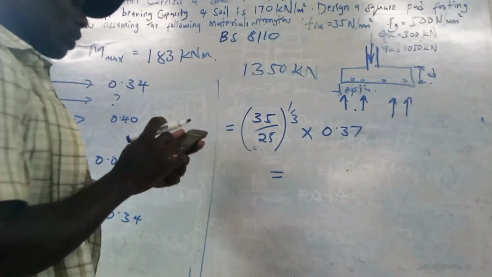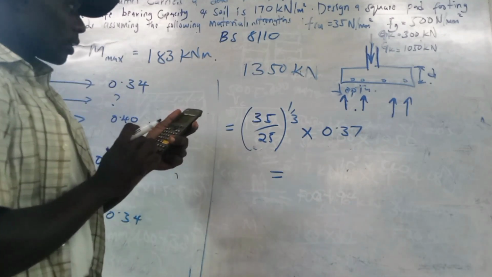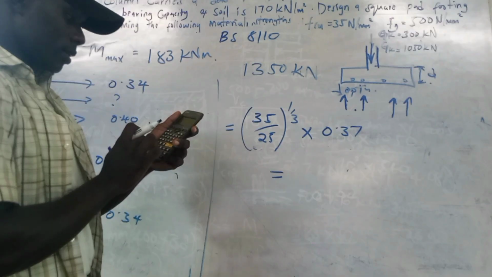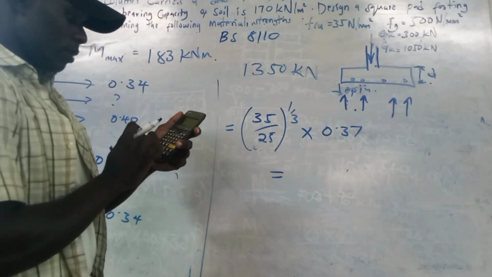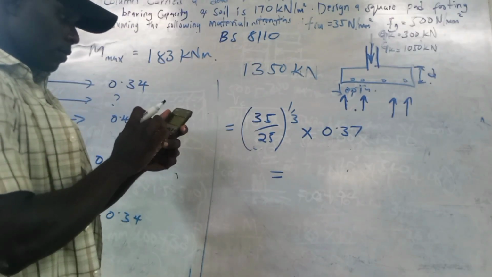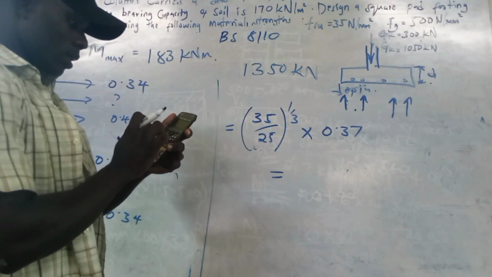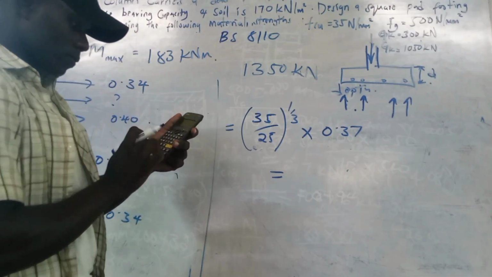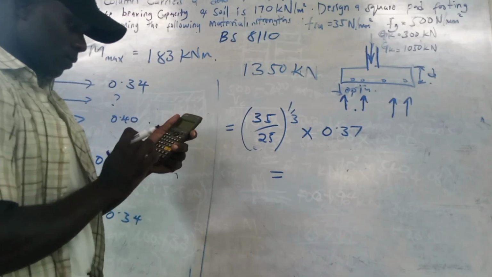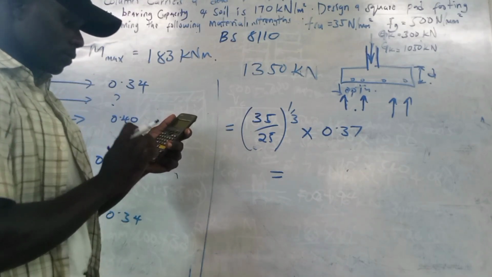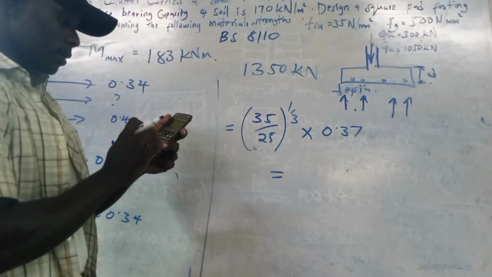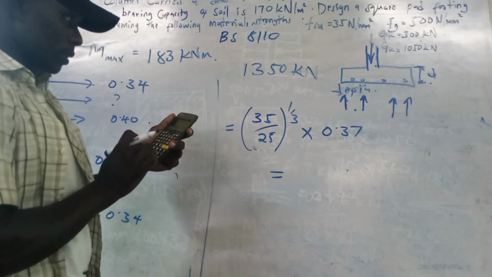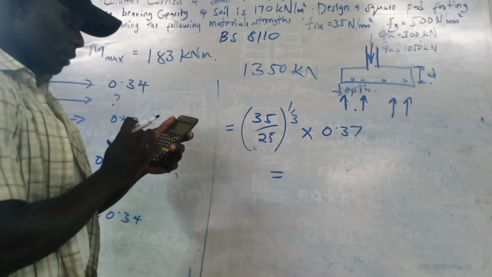Okay? So our Vc here is going to be, you can feed that into your calculator, 35 divided by 25, cube root, then multiply it by 0.37.